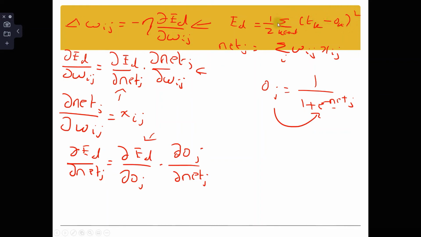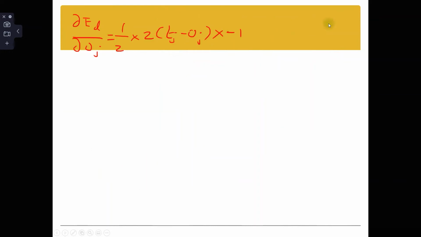So you have half of 2 times tj minus oj to the power of 1, times the derivative, negative 1. This is why we are using the half, because later on the half will cancel out, making the equation neater. This is why we take this form of function instead of the traditional sum you are used to. So you are left with negative (tj minus oj).